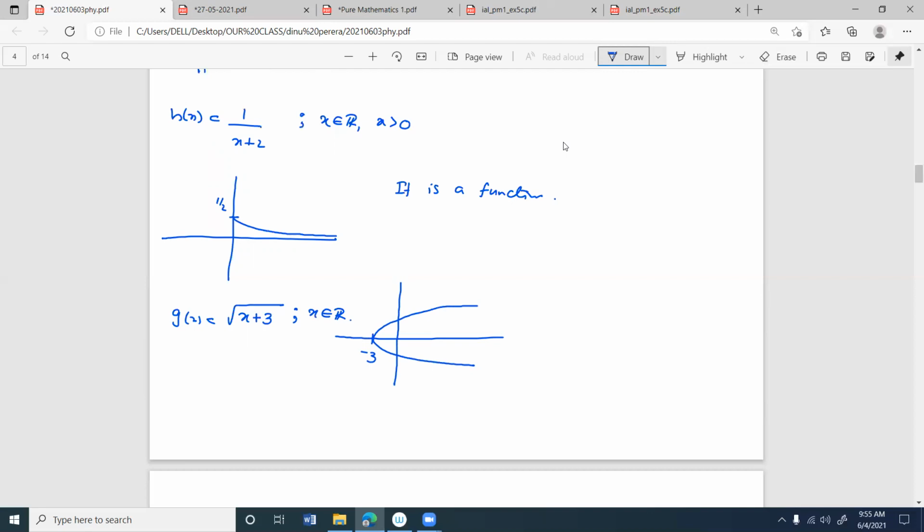Now look at this. For this graph we can say there are situations that violate it being a function. The first condition is if I replace a value less than minus 3, because if the domain is any real number, we should be able to replace whatever value on the minus side and positive side. If I put minus 4, what can you say, Pute? The function exists or does not exist?